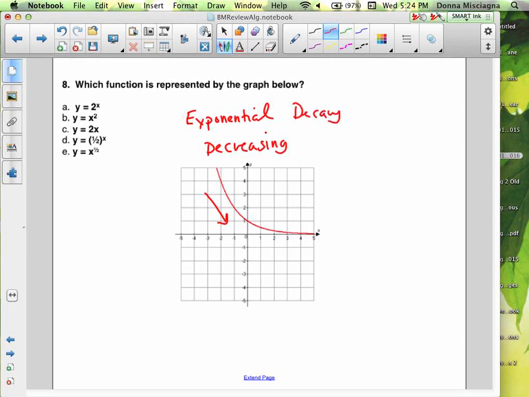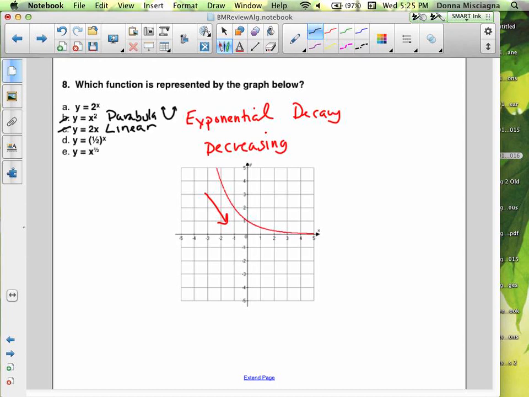All right, so now let's look at our choices over here. Right off the bat, you can see some choices are just very, very wrong, like C here. That's a linear function. Our graph is not a linear function. B here, that's a parabola. A parabola looks like a U. That is not a U. So this is not a parabola.